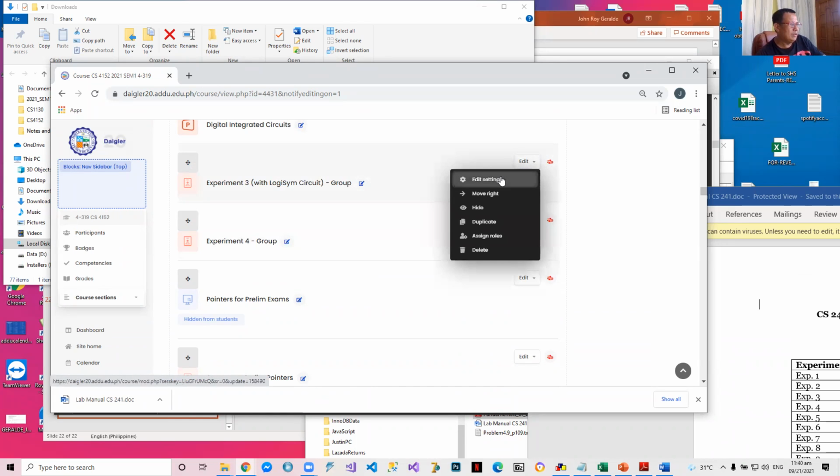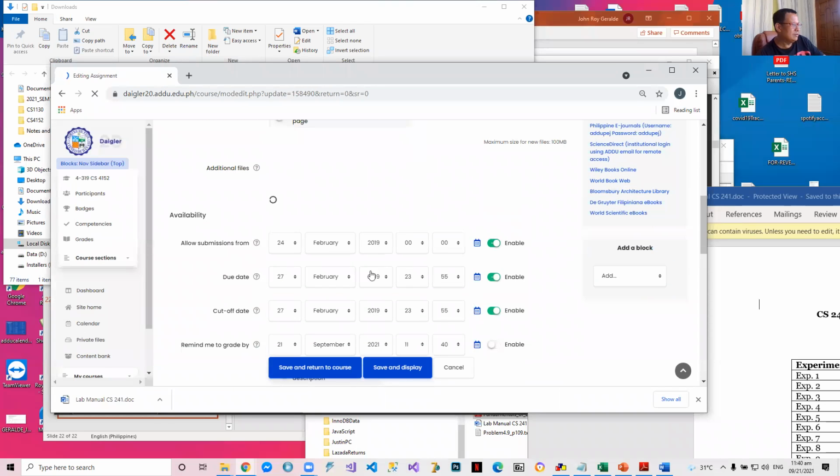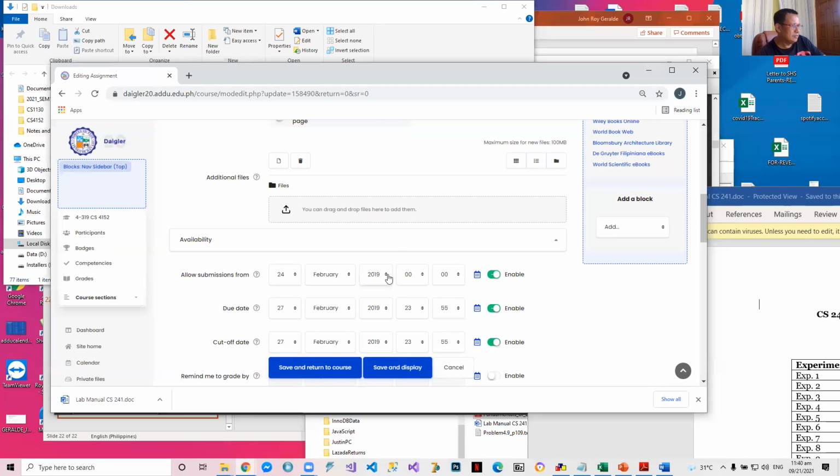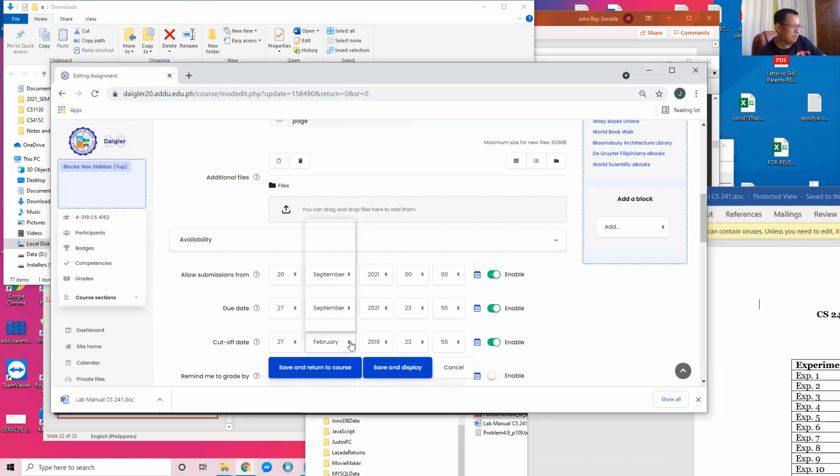You need to group. Experiment 3 and 4 na lang, no? When should that be? 27.